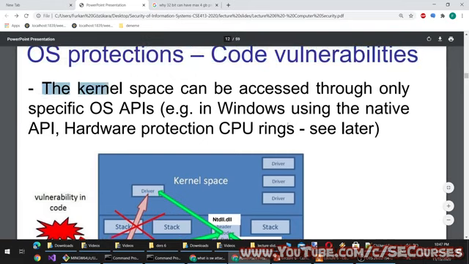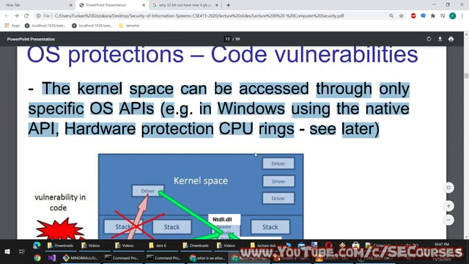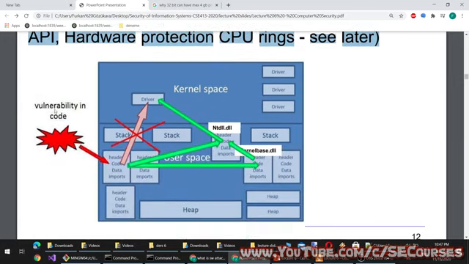OS protections, code vulnerabilities. The kernel space can be accessed only through specific OS APIs, e.g. in Windows using the native API, with hardware protection through CPU rings, see later. There is vulnerable code in the heap, code, data, imports. If this part of the user space could access the driver directly, that would cause a lot of code vulnerability.